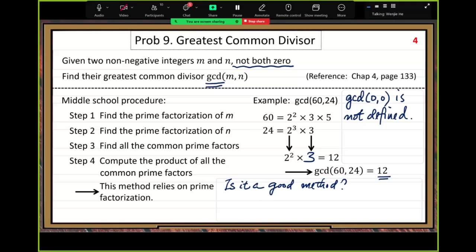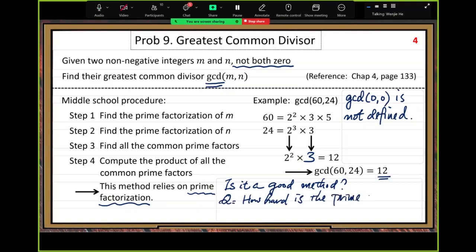But you really need to think more here, because this method relies on prime factorization. So then there is a question. How hard is the prime factorization?